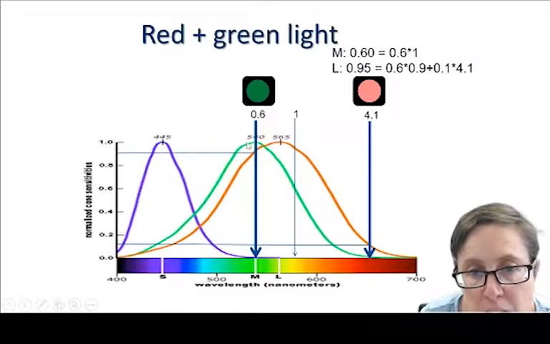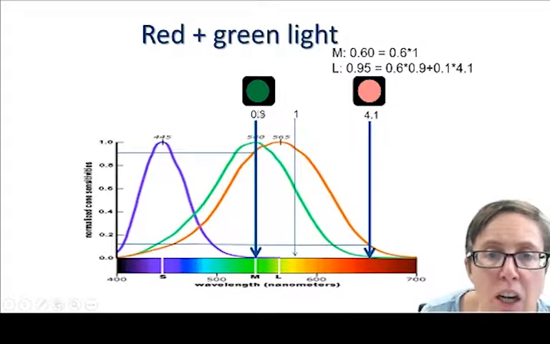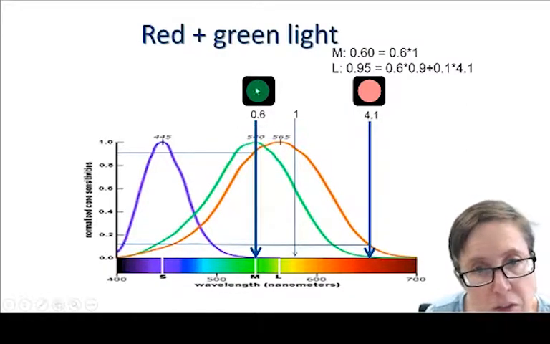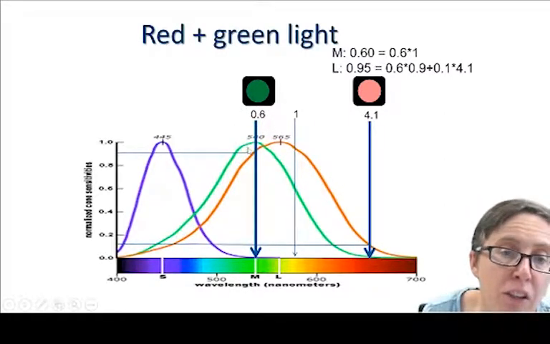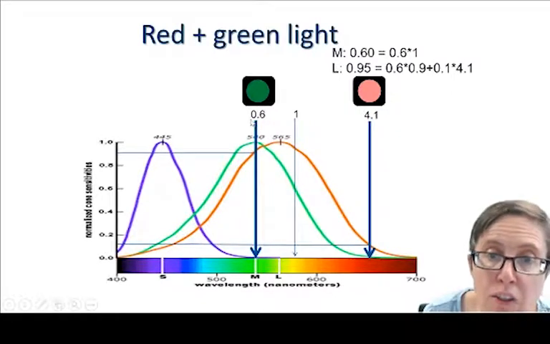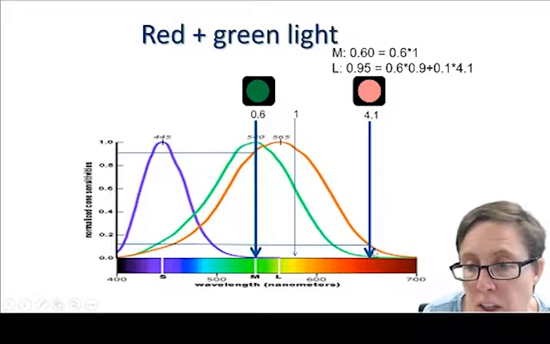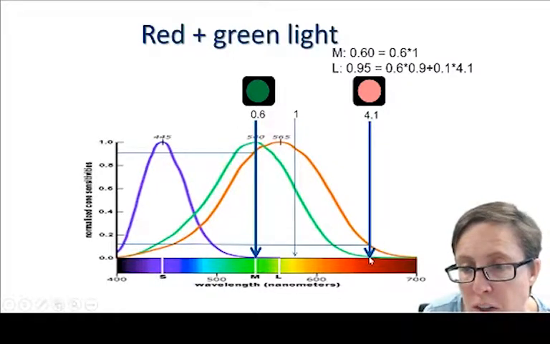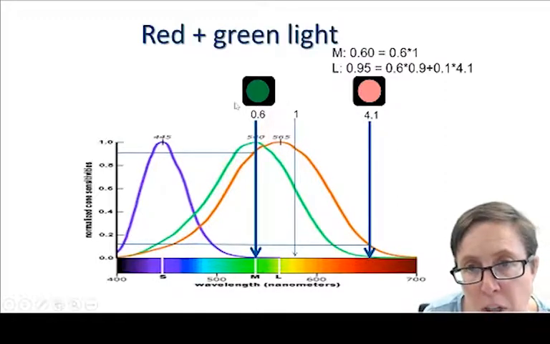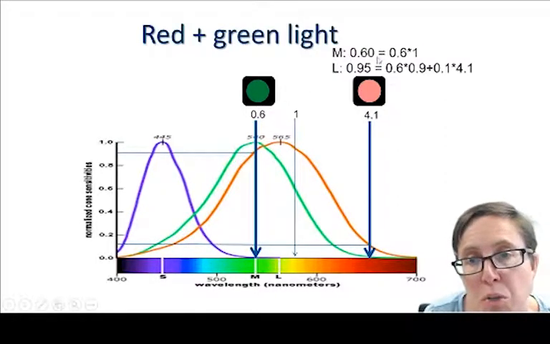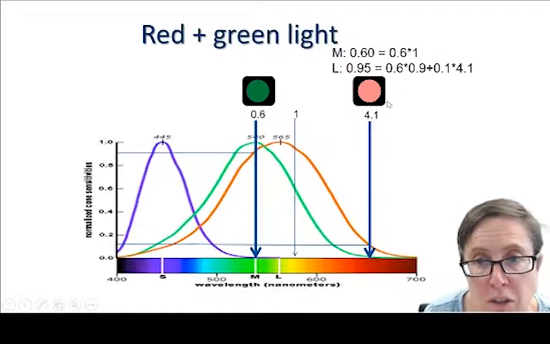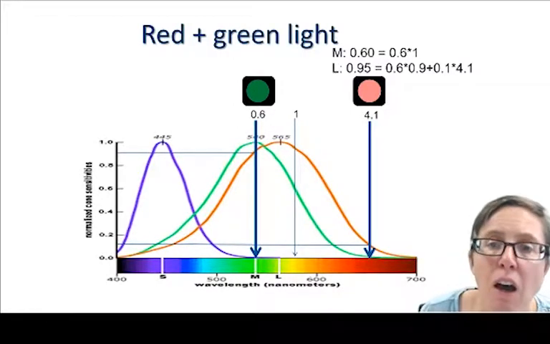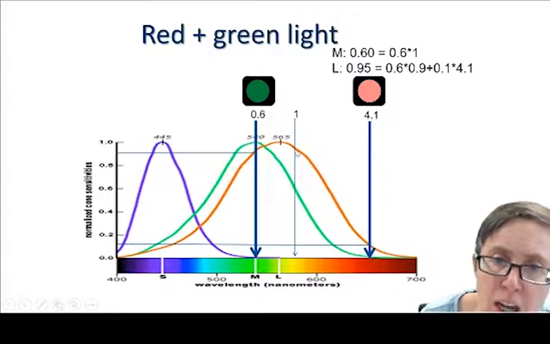So you would think it would activate the M cone maximally, and it does, but I'm just going to turn down the brightness of this green light by a factor of 0.6, so that overall the total activation of the M cone by this green light is 0.6. And the M cone doesn't see the red light because I've positioned this red light, let's say, just off the end of this, so we can ignore any response of the M cone there. So the M cone is going to respond with a value of 0.6, its maximum activation, to this combination of red and green light.